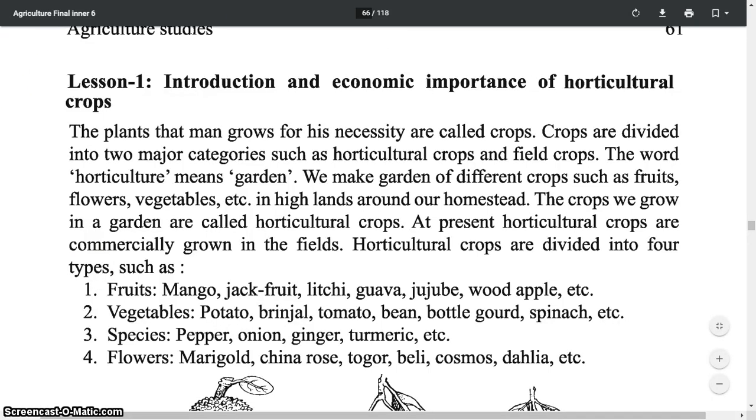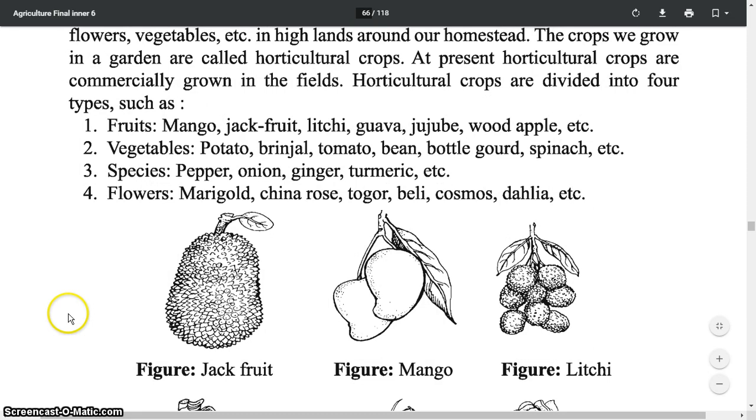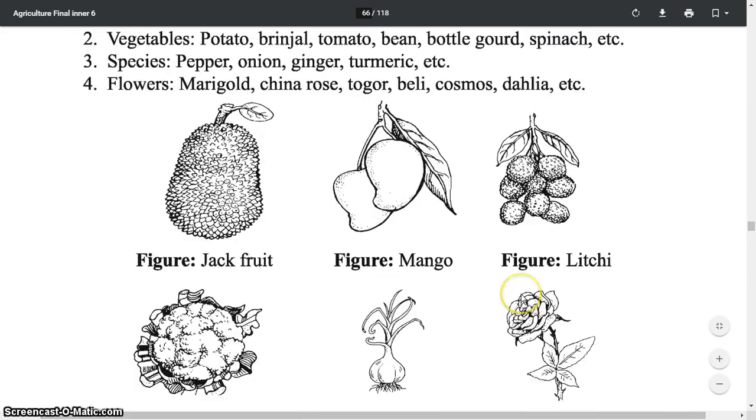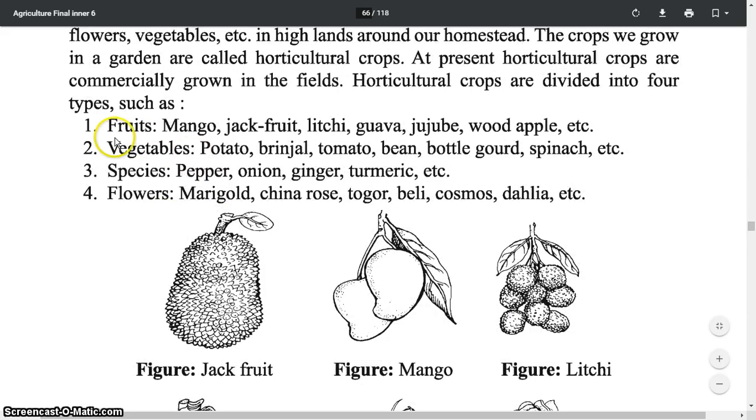Look at this picture. Jackfruit, mango, and this is lychee. Jackfruit, mango and lychee are horticultural crops. This is under fruit. There are 4 types. So these 3 are under fruits.